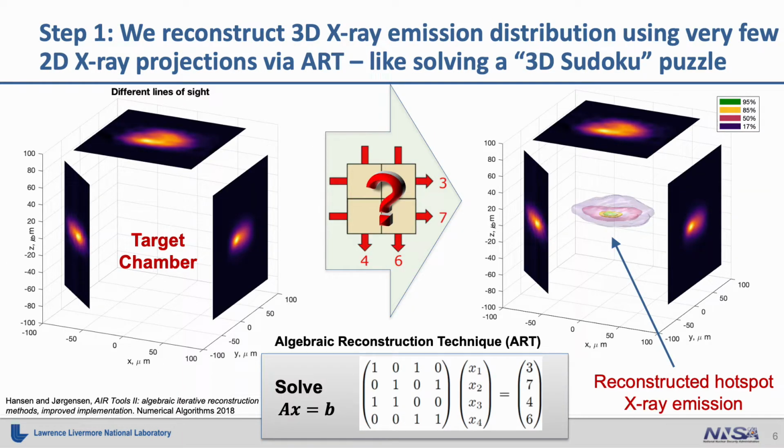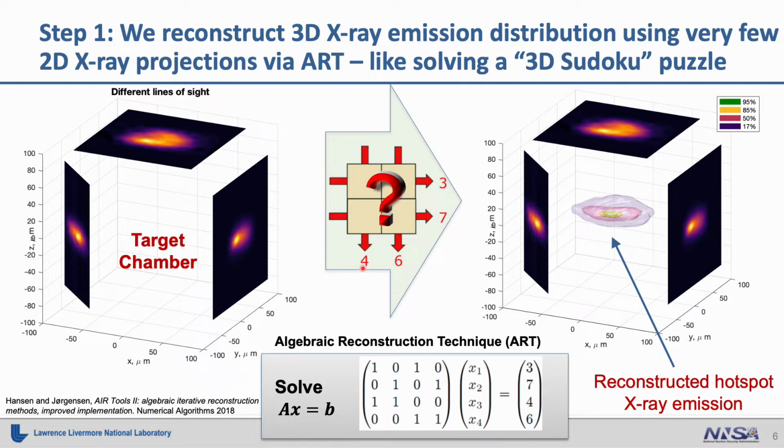So as I already described, the first step is to reconstruct the X-ray emission distribution using very few 2D X-ray projections via ART. And here in the middle is an analogy, a 2D Sudoku puzzle. So given the projection values in different directions, can we possibly reconstruct the unknowns inside the box?